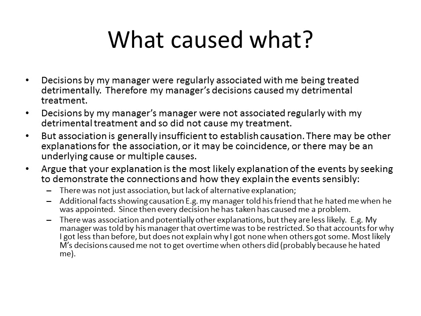So that accounts for why I got less than I did before, but it doesn't explain why I got none when others got some. The most likely explanation for the manager's decisions is that they were causing me not to get overtime when others did. And if we also know that he had stated that he hated you, then it's probably because he hated you.